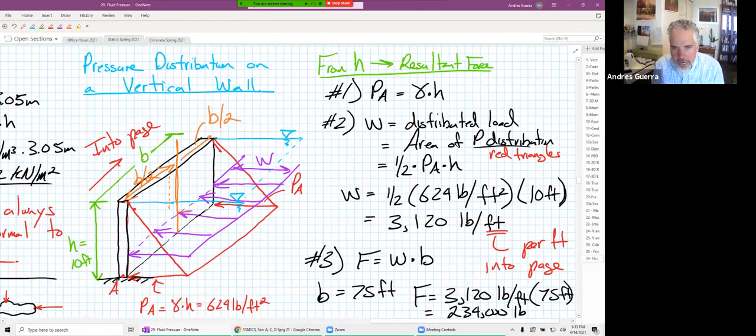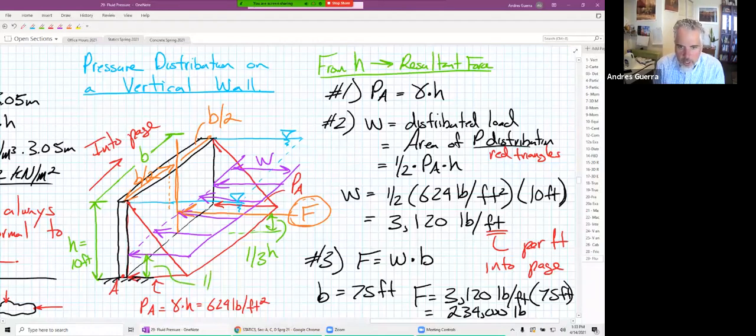And so that is where our force is going to act, right there at B over 2 and B over 2. Oh, and I just realized I did not label where the distributed load and F are located. Well, they're both going to be, if we go from the base of the wall here, located at 1/3 of H. Or if we show it over here, we can show it at 1/3 of H right there as well.